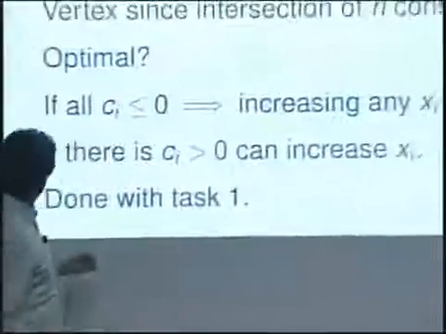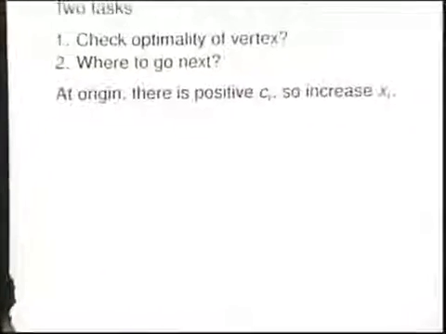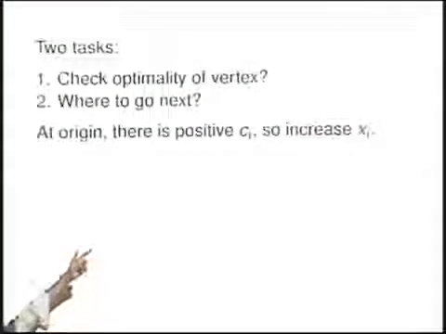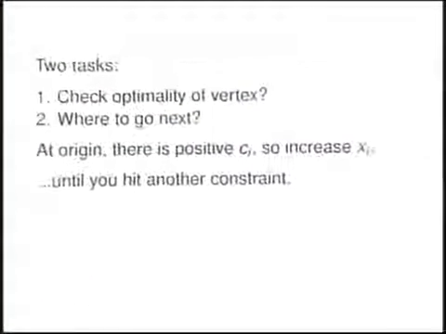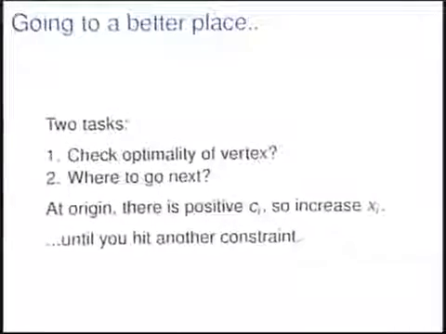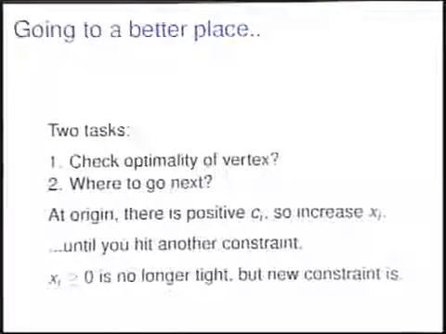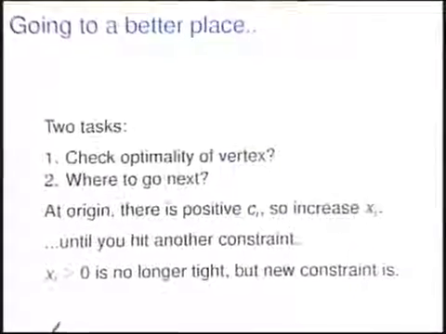You can increase xi. It's not optimal. So we're done with that. We can tell whether something's optimal or not, and we also want to see where to go next. There's a positive ci, so we can increase xi. Now if xi is greater than 0, that constraint is no longer tight, so you go until you hit another constraint.